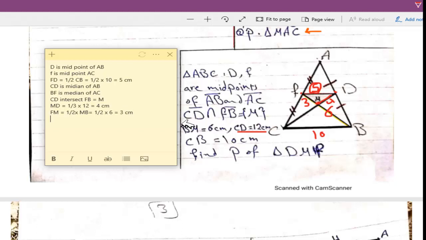So the perimeter of the triangle DMF equals how many? 5 plus 4 plus 3 equals 5 plus 4 is 9 plus 3 is 12 centimeter. Then we finished.